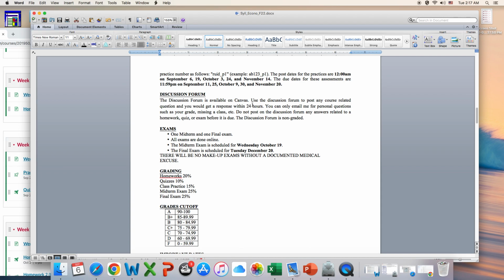But any question about when something is due, any question about any data set, or any question about a command on Stata, some course-related question that you would expect other students to have similar questions, then just go ahead and post it on the discussion forum to make it easier for me, so that I will not receive multiple emails, and easier for the rest of the class. So in case someone has a similar question, then they will see the answer right away.